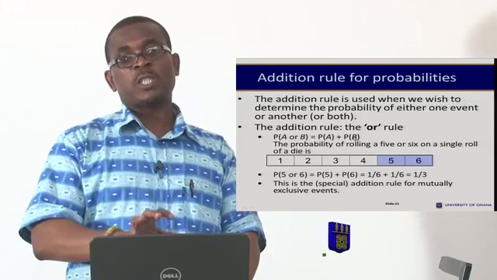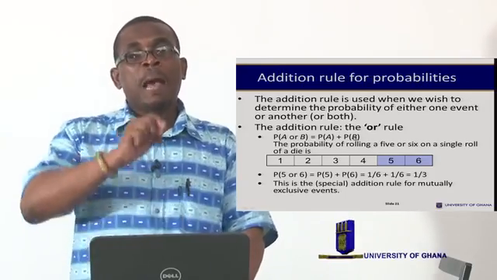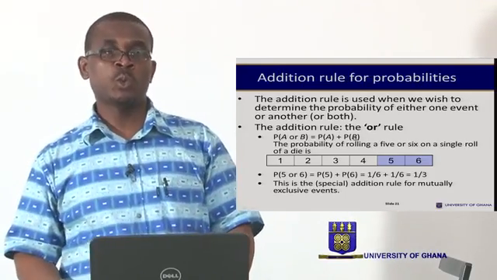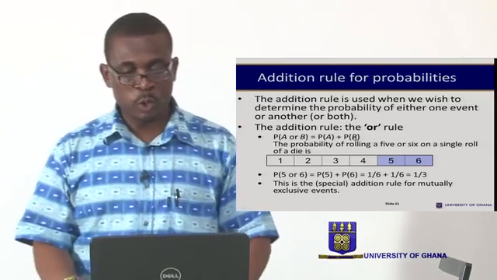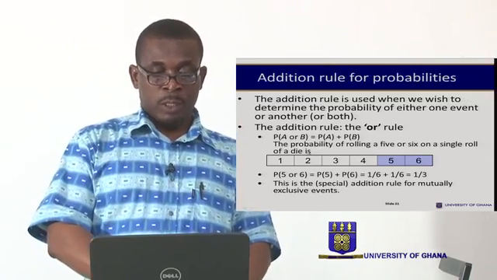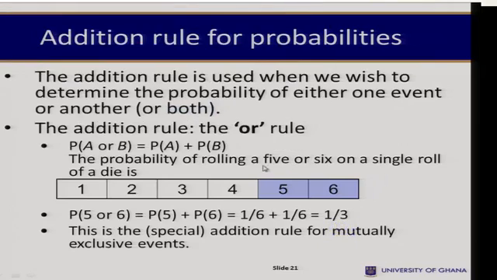Now this is termed the special rule of addition because it applies only to mutually exclusive events. So the probability of rolling a 5 or 6 on a single roll of a die, we are saying that it's 5 or 6. And the probability of 5 or 6 is simply probability of 5 plus the probability of 6, or probability of A plus probability of B, as we said.